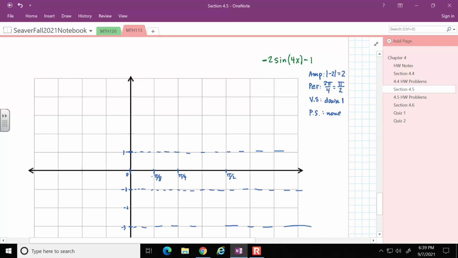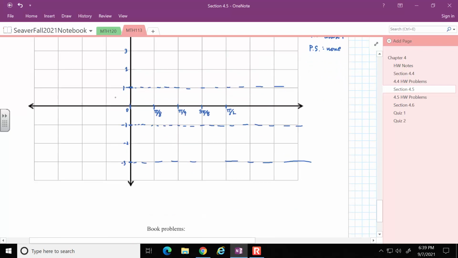So 1 pi over 8, 2 pi over 8, this would be 3 pi over 8, and you could keep going. That's 2, 3, 4. You could label all these axes that you wanted to. Negative pi over 8, negative pi over 4, etc. But everything should lie between 0 and this pi halves here.